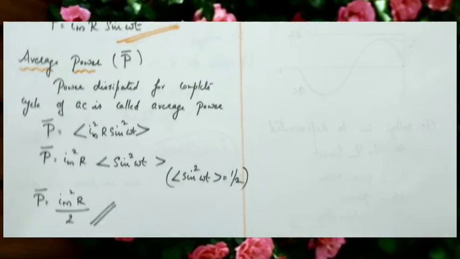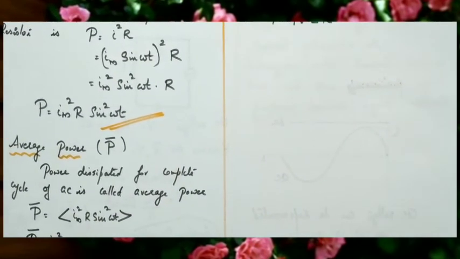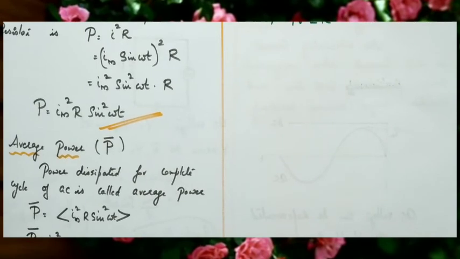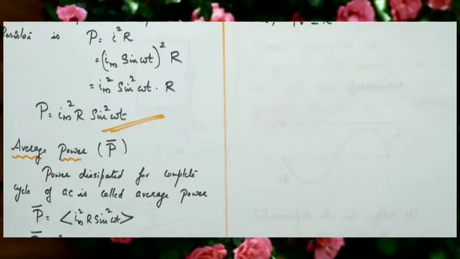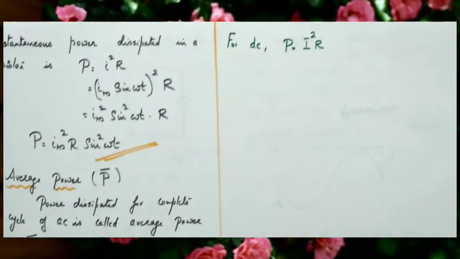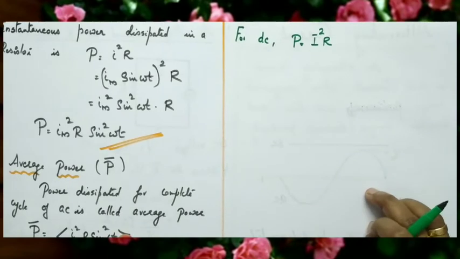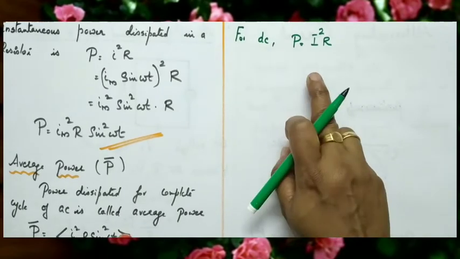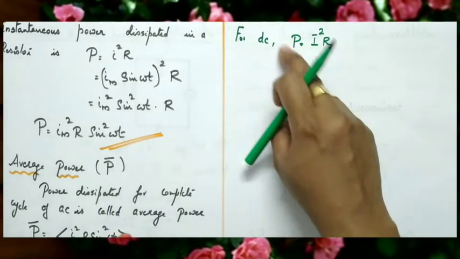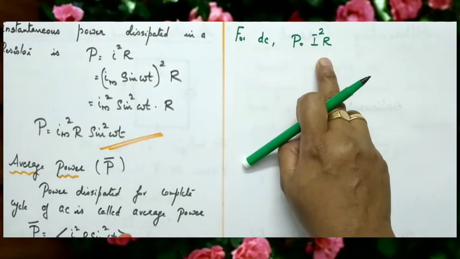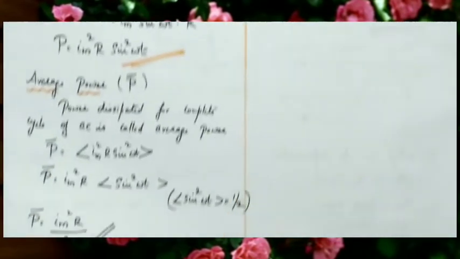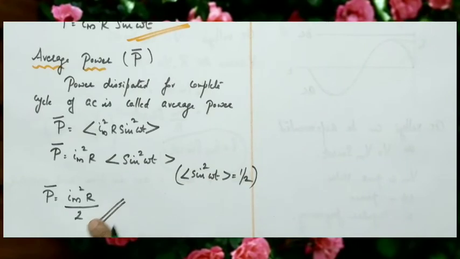So to express AC power in the same form as DC power, a special value of current is defined and used. That special value of current is called root mean square current, or effective current. So what is the importance of RMS current or effective current? To express the AC power in the same form as DC power. DC power is I square R and average AC power is given by Im square R divided by 2.